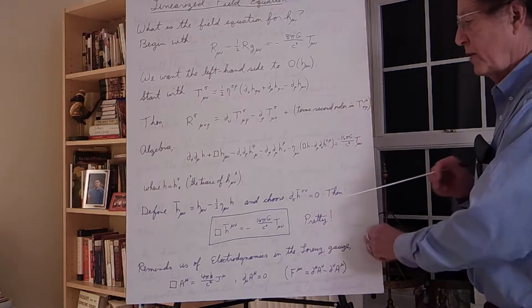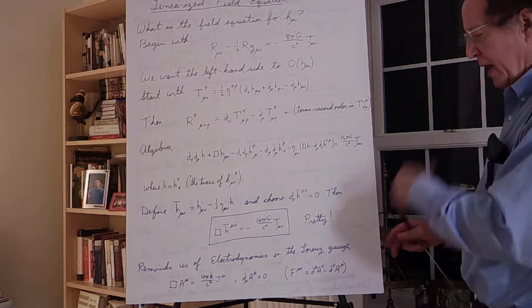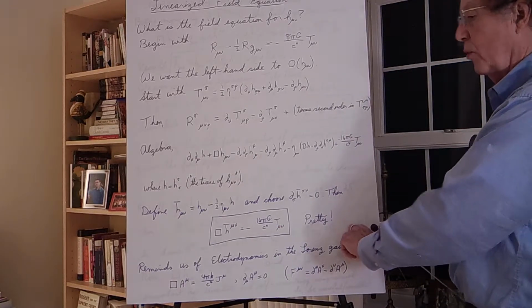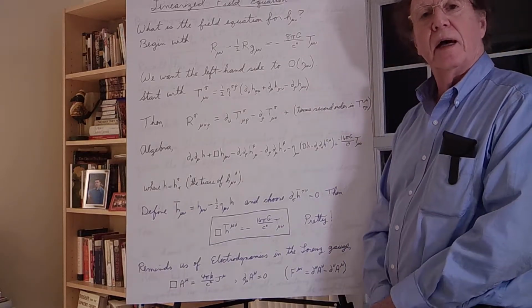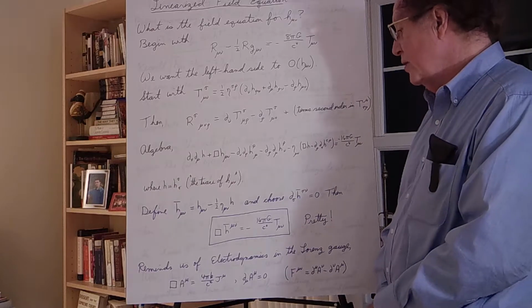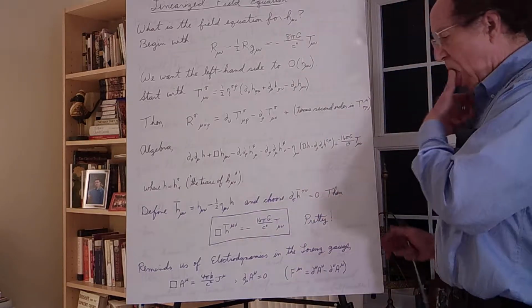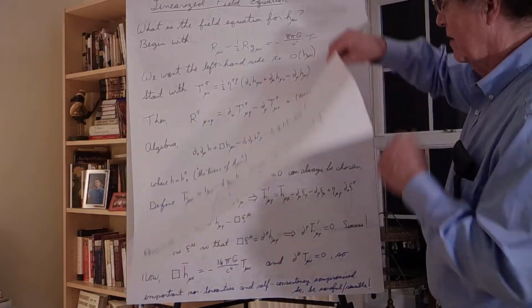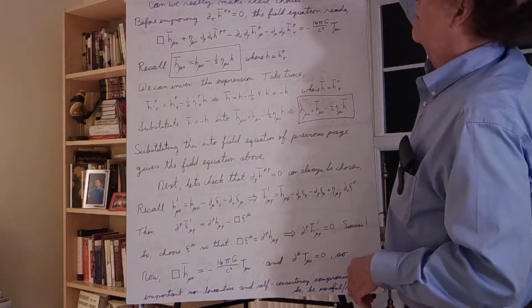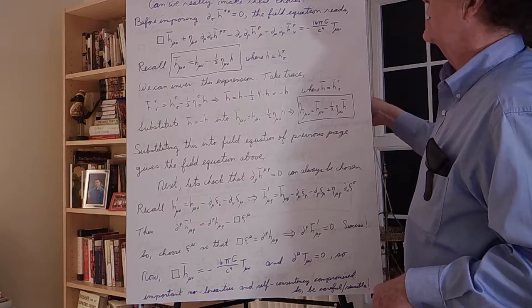So I try the same thing in gravity, and lo and behold, it works out in detail. I leave some of those details to the supplementary lecture, where I do all of that and show that it all works out very nicely.